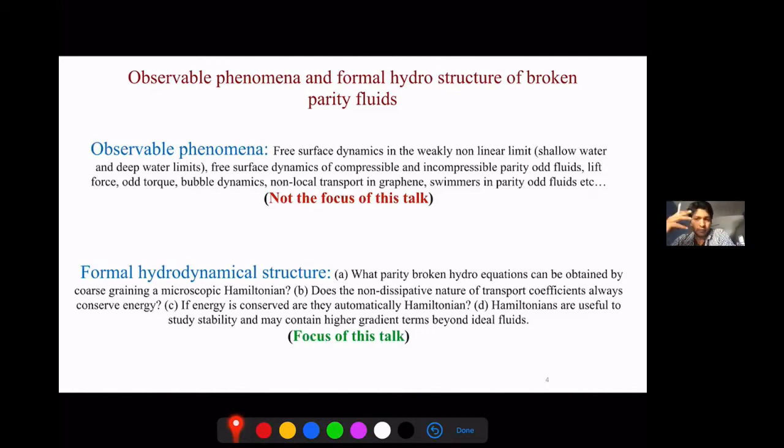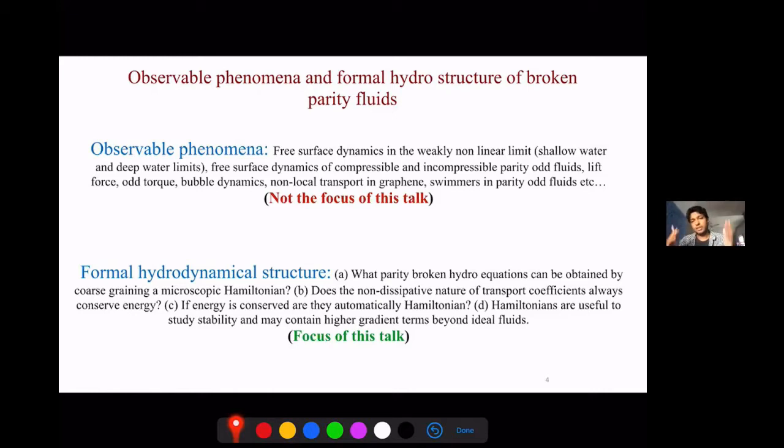You can start from any microscopic system, molecules bouncing off each other in a container, and coarse grain it, and arrive at some hydrodynamical equations of motion. So I'm going to ask this question in reverse: take any broken parity hydrodynamical system, and ask what are the constraints on such equations or transport coefficients under which they can be systematically derived from some Hamiltonian system. In other words, I'm going to ask this question in 2 parts.